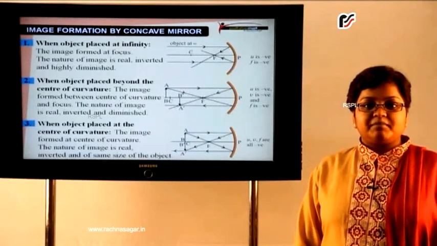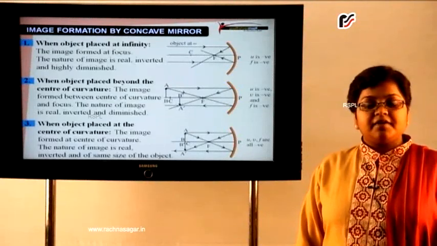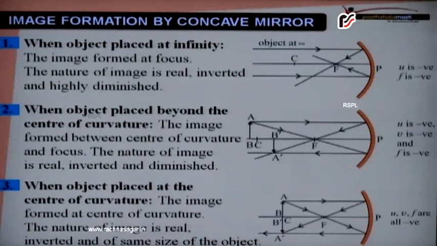Image formation by a concave mirror. The first case is when the object is placed at infinity. Here there is a concave mirror, and rays of light are coming from infinity. Now where is the image formed?